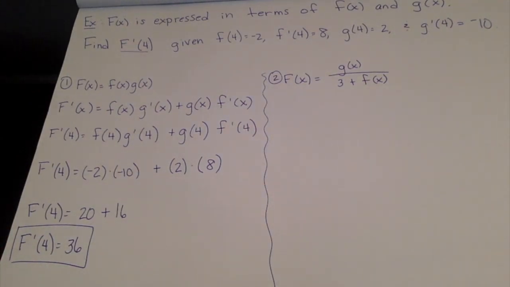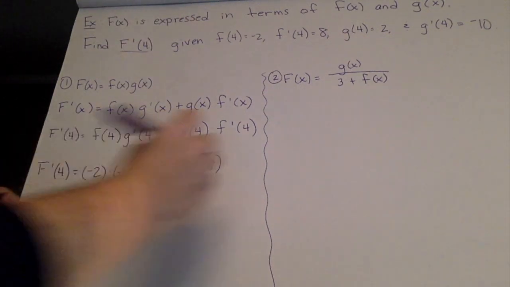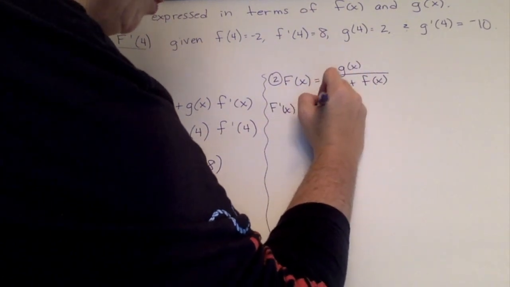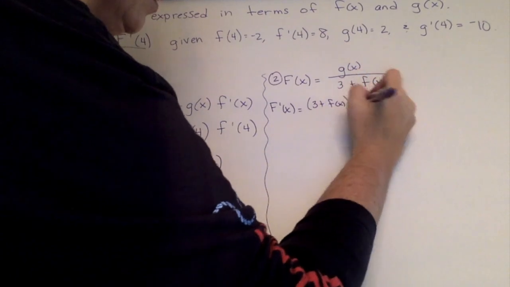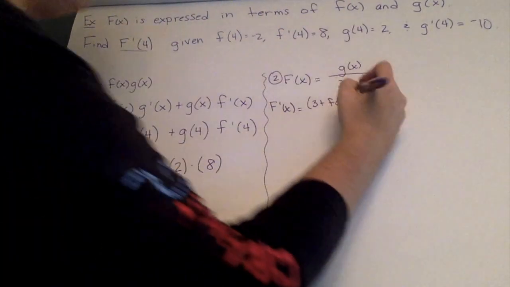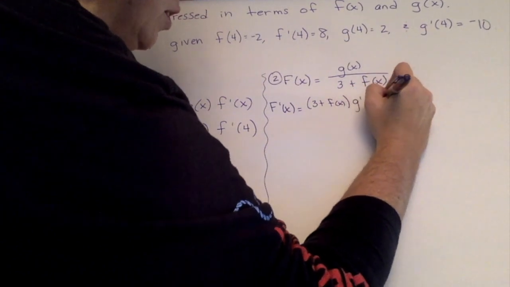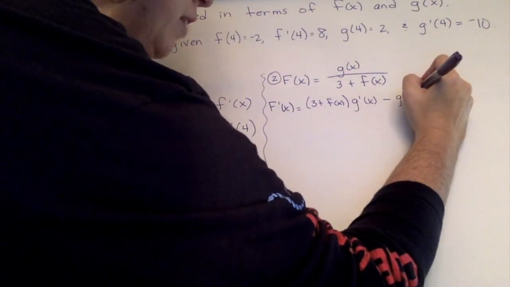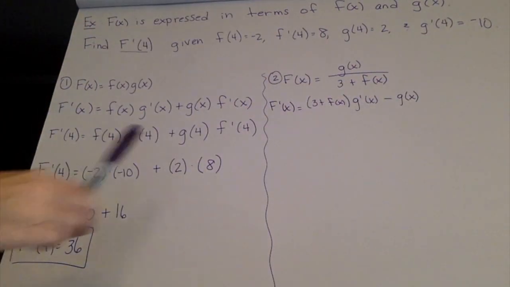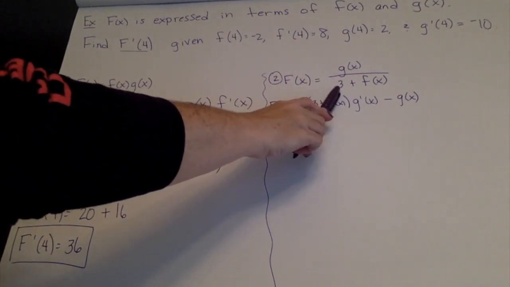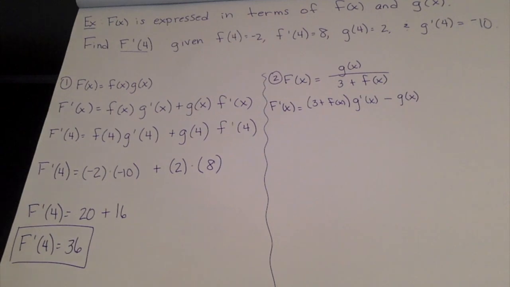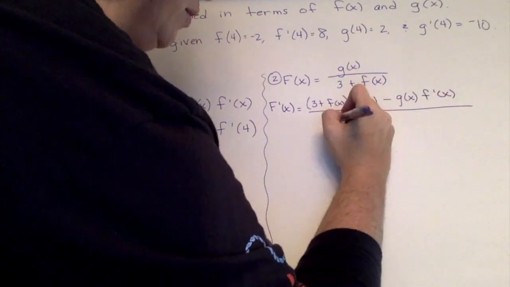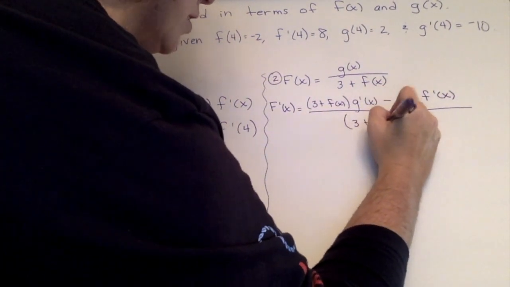Again, we're going to think about that quotient rule in very generic terms to begin with. So f prime of x is low, or 3 plus f of x, times the derivative of high, which is g prime of x, minus high, which will be g of x, times the derivative of 3 plus f of x. Well, the derivative of 3 is 0. The derivative of f of x is just f prime of x. So that will just be f prime of x all over 3 plus f of x squared.